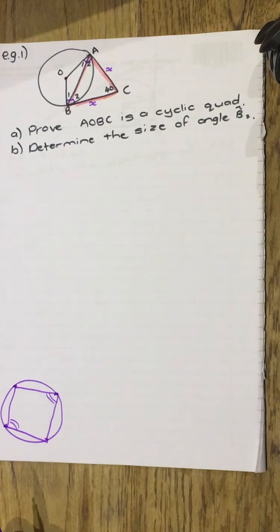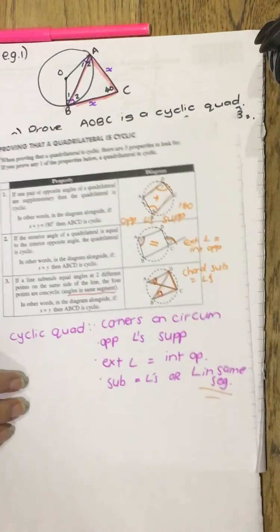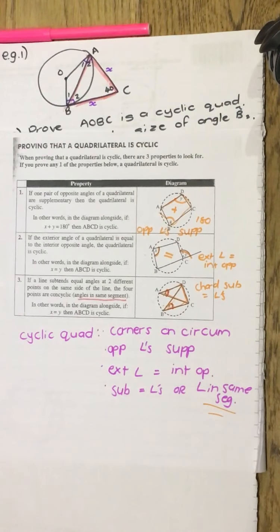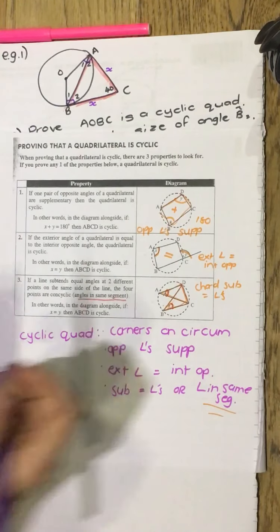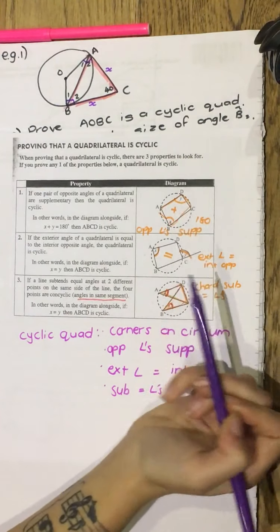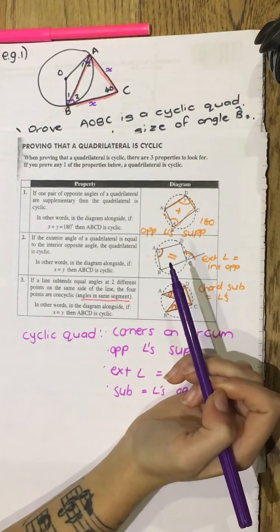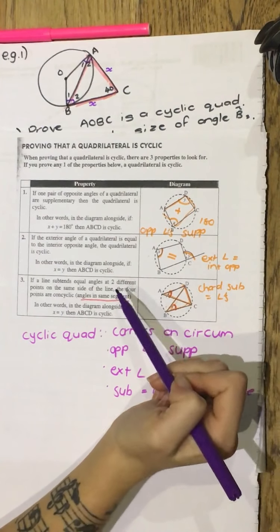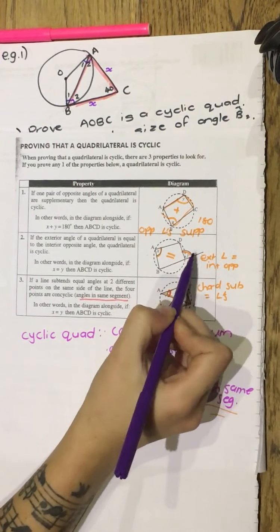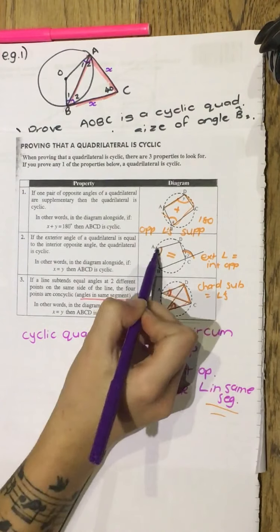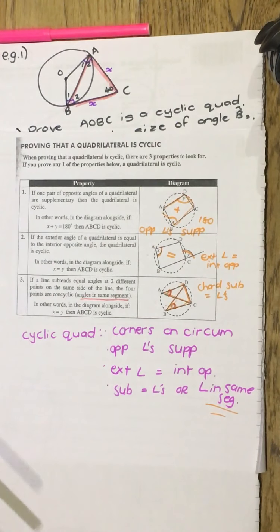Okay, so I brought out this note that we did before. Here are the 3 ways that you can prove that something is a cyclic quadrilateral. The first way is to prove that two opposite angles are supplementary, in other words, they add up to 180. The second way is to prove that the exterior angle equals the interior opposite angle.